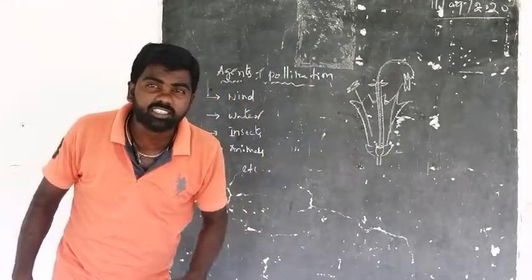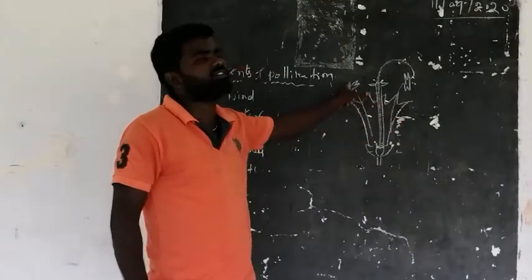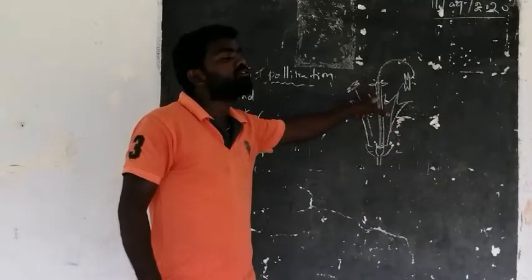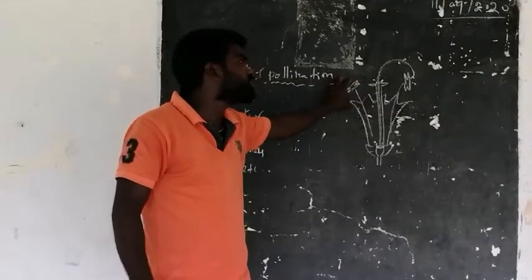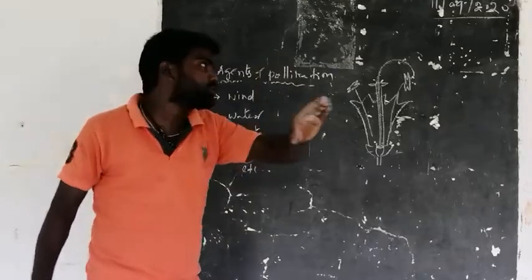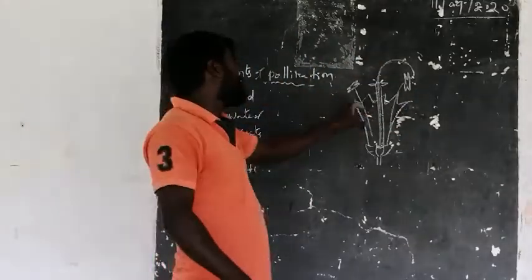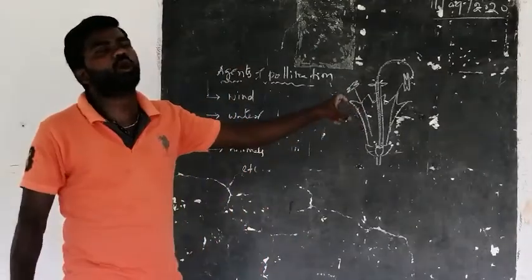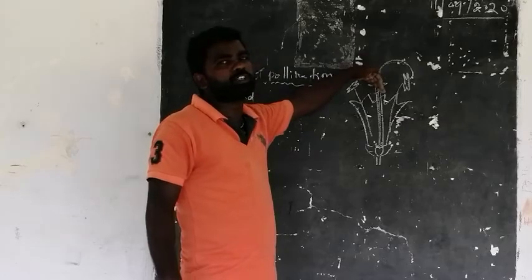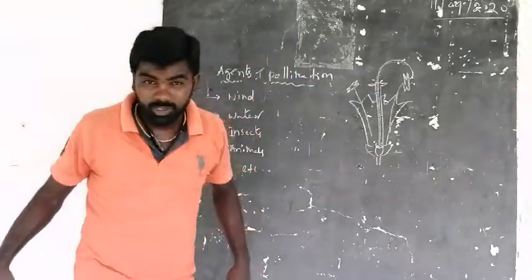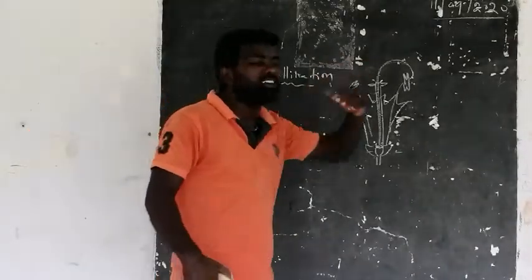Before fertilization, there is a need to transport the pollen grains to the female reproductive part. The male reproductive cells, the pollen grains, are transported to the female reproductive organ, the stigma, by some agent.